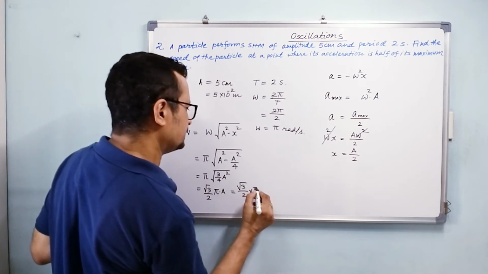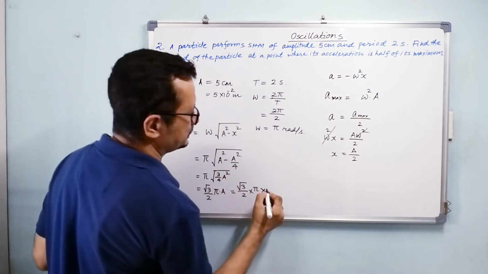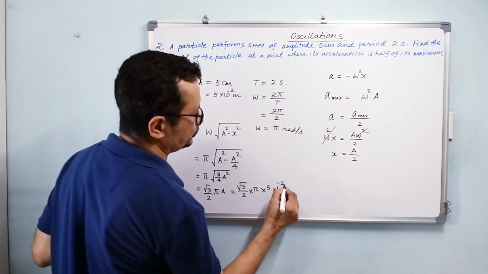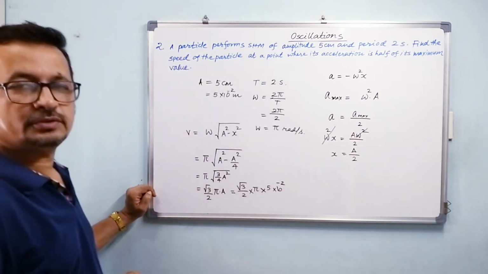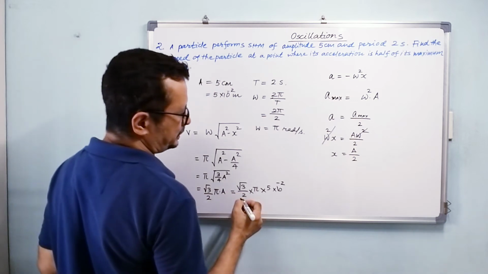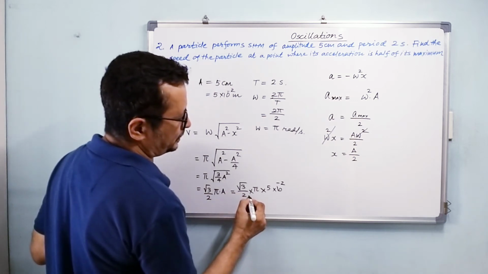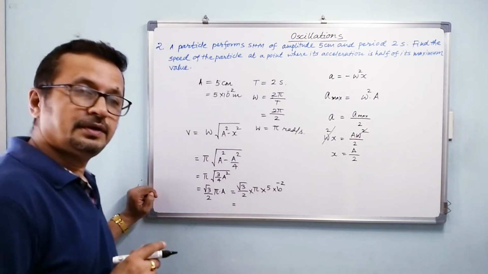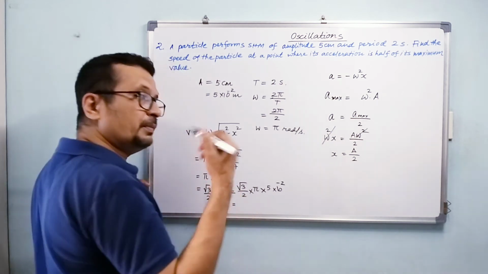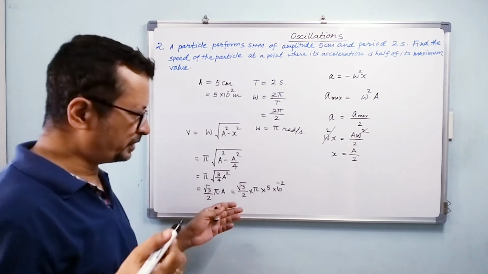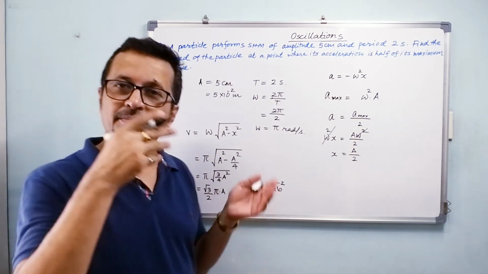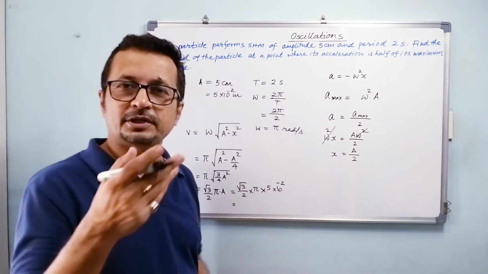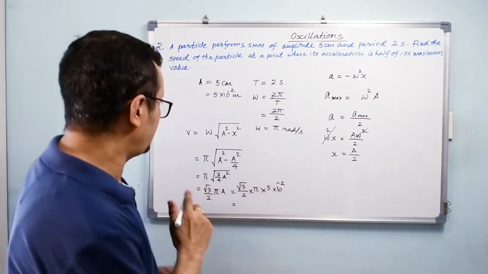So that would be root 3 by 2 into pi into amplitude, which is 5 into 10 raised to power minus 2. So that would be equal to, okay, root 3 is 1.732 multiplied by 3.142, the value of pi, multiplied by 5 divided by 2, and that multiplied by 10 raised to power minus 2.